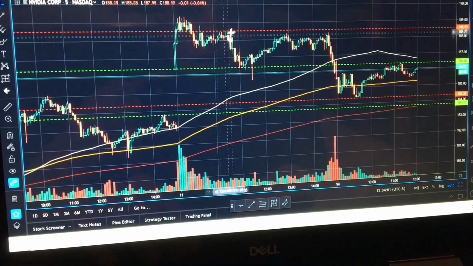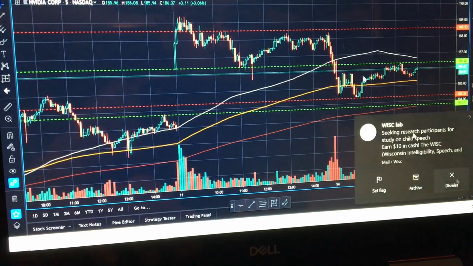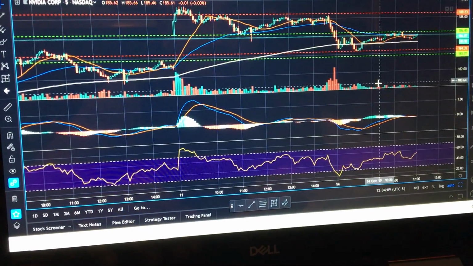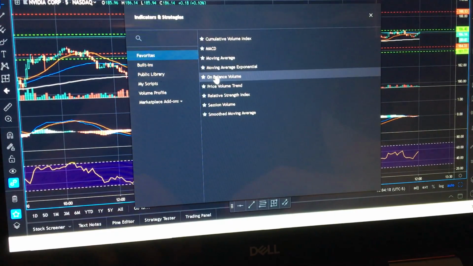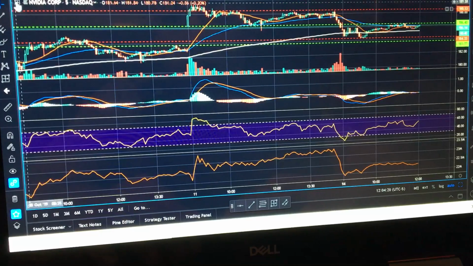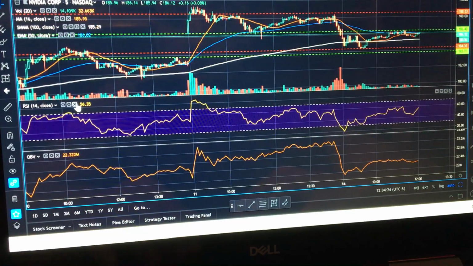So if you didn't get in here on this breakdown, here I would also pull up a couple different things. I really like on balance volume lately, and not so much MACD and everything else, because it's just really hard to tell what is actually going on.